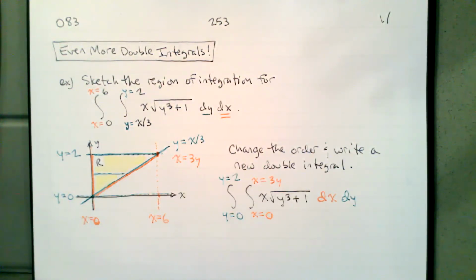So in this integral, the bottom to top is the constant parts. Left to right is where we're going to get the variable stuff. So here's the integral written in the other direction. Any questions?